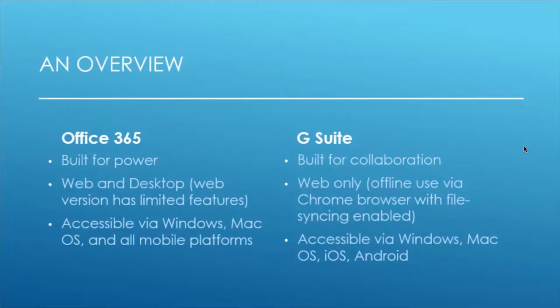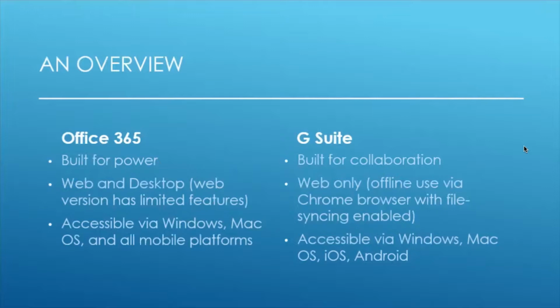The other point with that is that the desktop applications are far more powerful than the online equivalents. Online, obviously, you're going to look for speed, stability, and ease of use. If you really need to get into the meat and potatoes of those applications, the desktop version in Office 365 is going to be far more powerful.